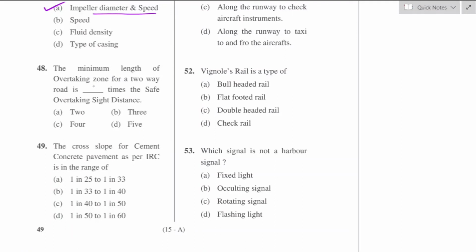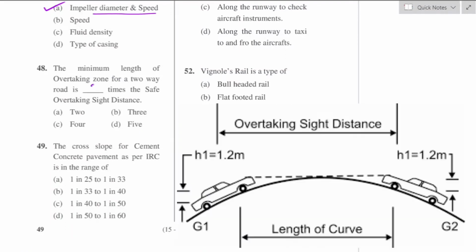Question number 48. The minimum length of overtaking zone for a two-way road is dash times the safe overtaking side distance. Overtaking side distance is the minimum distance open for a driver on a two-way road to enable him to overtake another vehicle ahead with the safety against the traffic from opposite direction. So as per IRC, overtaking zone are provided when the overtaking side distance can't be provided throughout the length of highway.